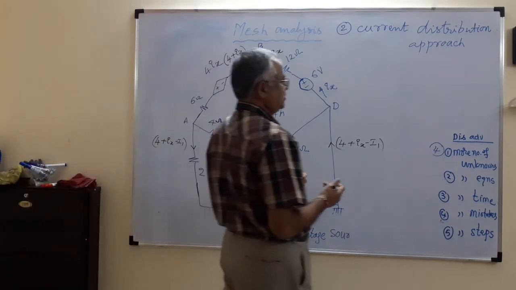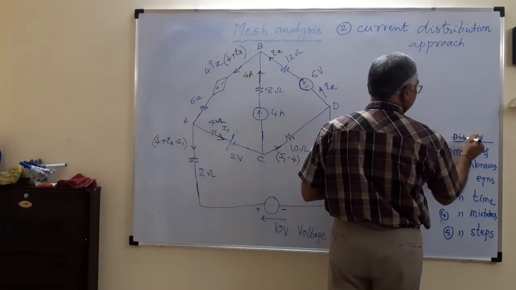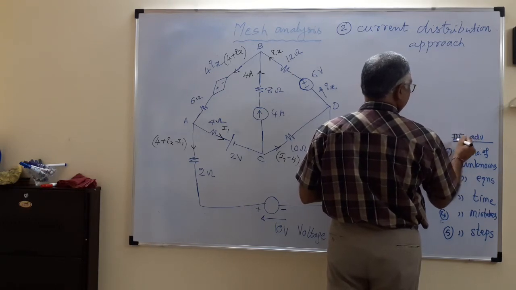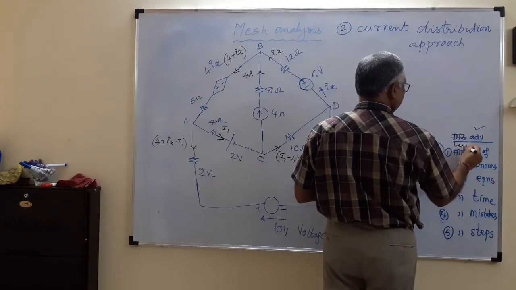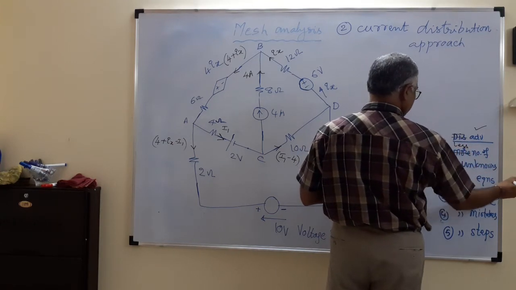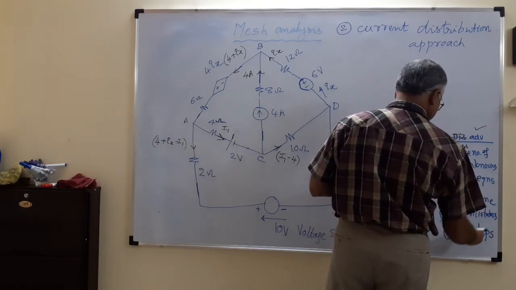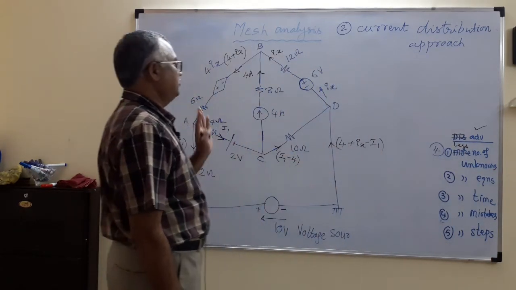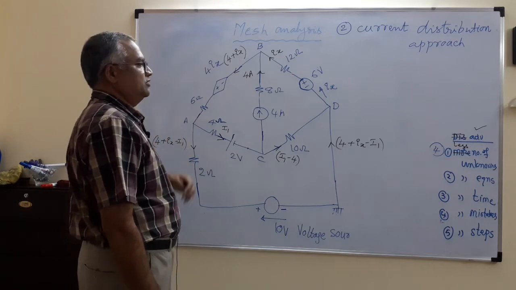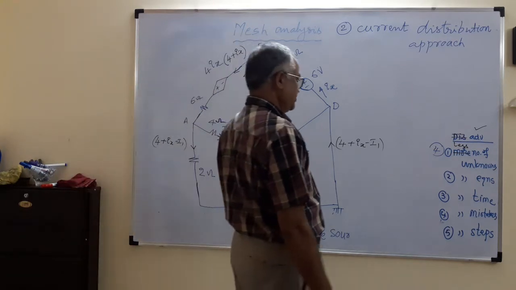So what is the advantage of this method? Less number of unknowns, less equations, less time, less mistakes, less number of steps. So the total disadvantage is eliminated. Now we are getting only advantages.